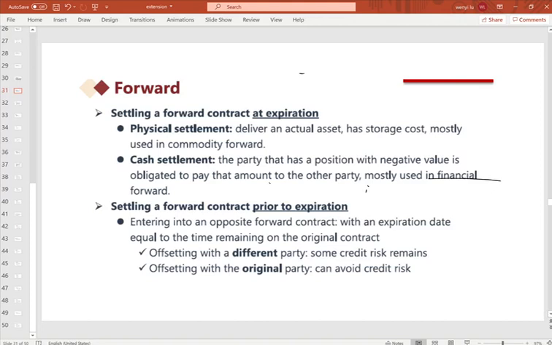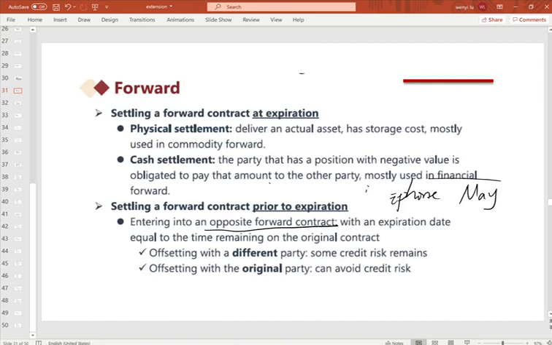For example, you can enter an offset forward contract. What's an offset forward contract? For example, like we mentioned in the last video, I want to buy a new iPhone, maybe in May, when Apple releases the new iPhone, despite the price being too high.